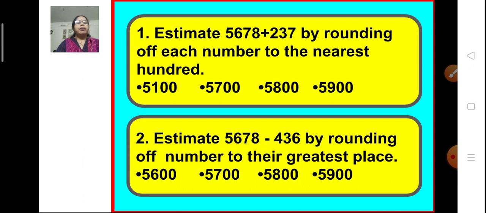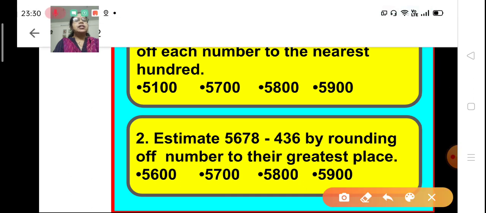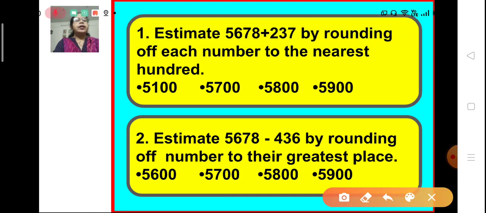Let us look at the first number, 5678. It has to be rounded off to the nearest 100. So we look at the digit to the right, that is 7. That means 678 can be rounded off to 700, so it will become 5700.